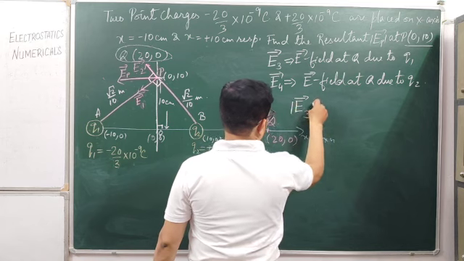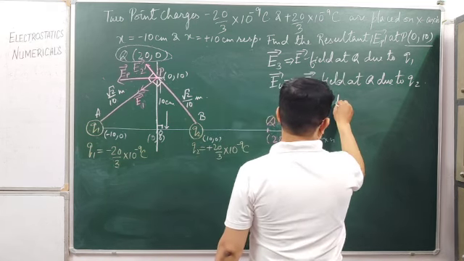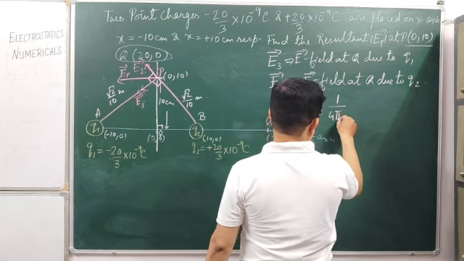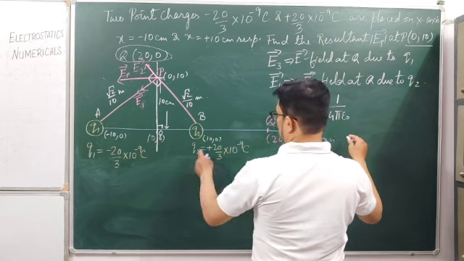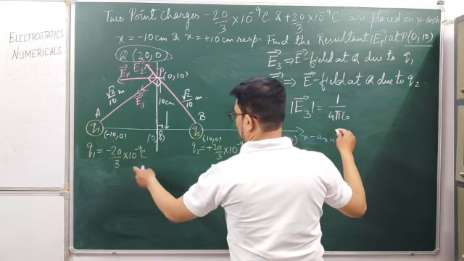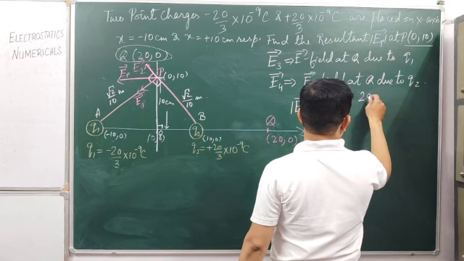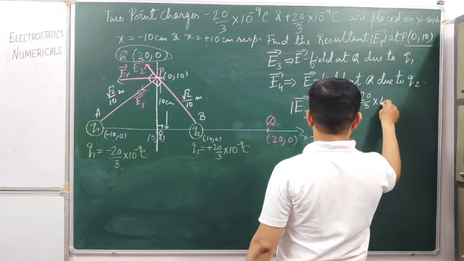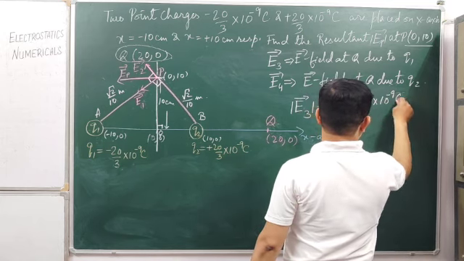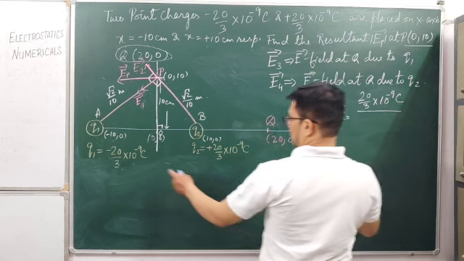The magnitude of E3 would be equal to 1 over 4 pi epsilon naught times the value of Q1, which is given as minus 20 over 3 times 10 raised to the power minus 9 Coulomb, but we are interested in magnitude, so it's 20 over 3 times 10 to the minus 9 Coulomb, divided by this distance.